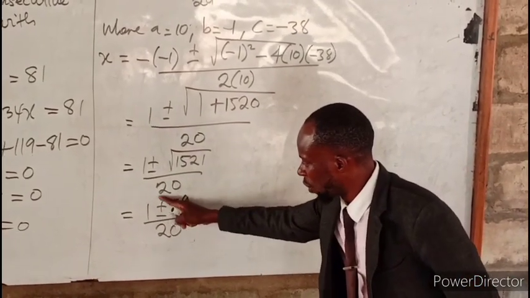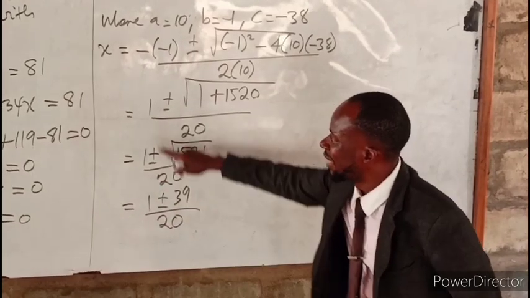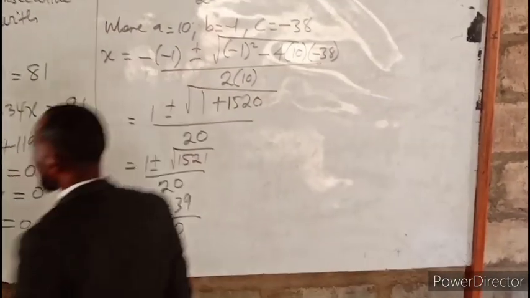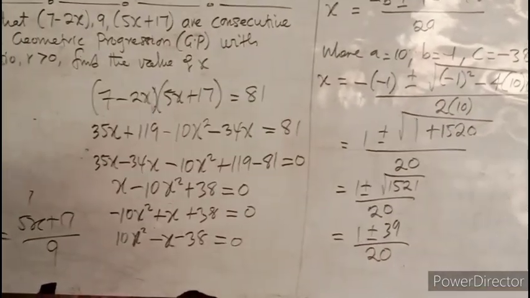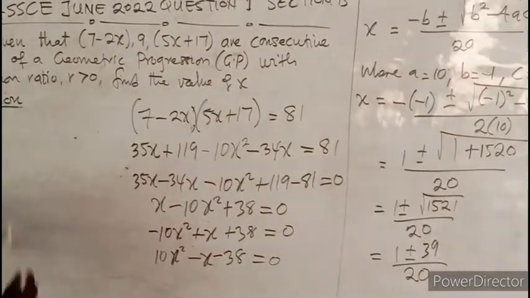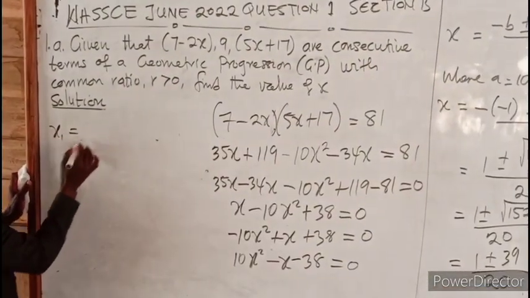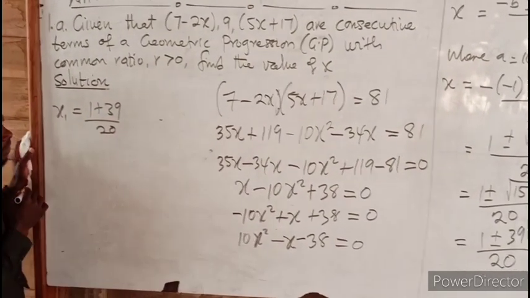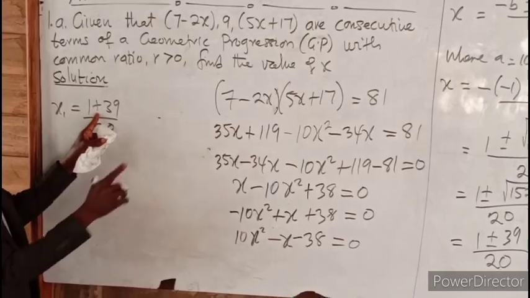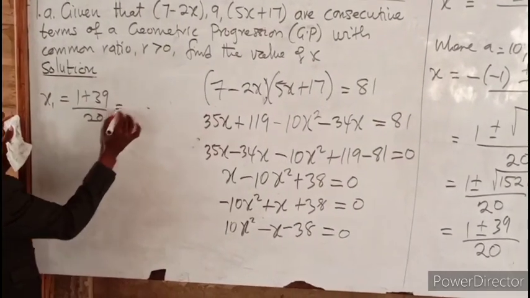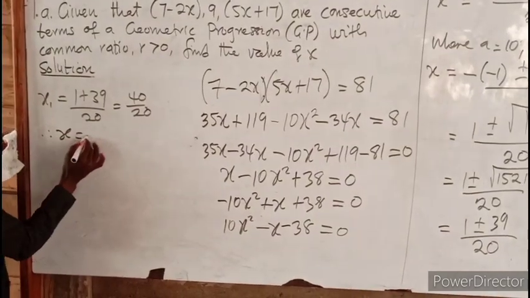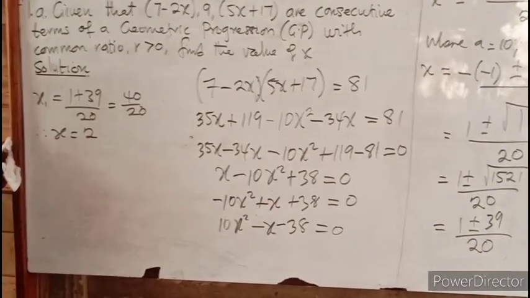So it means that our x1 is going to be 1 plus 39 over 20. The minus will be for the x2. So this will be 40 over 20. Therefore, x1 is 2.